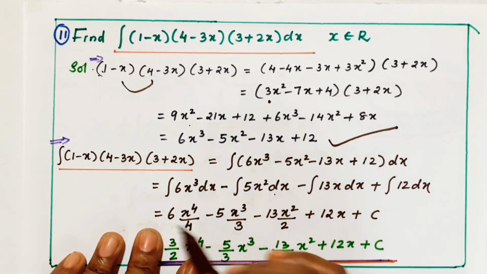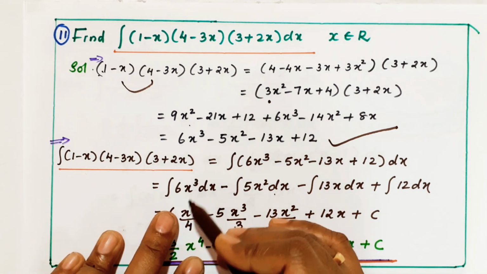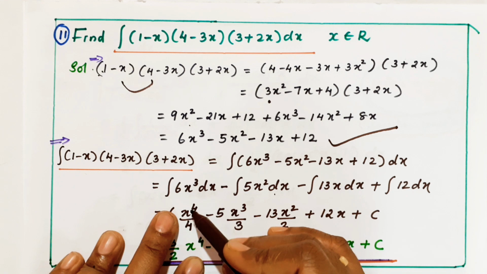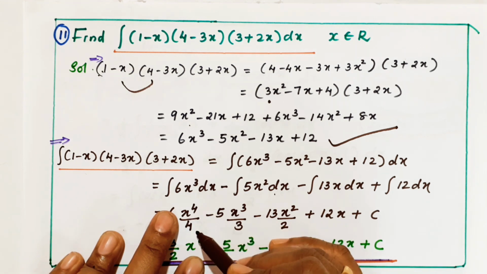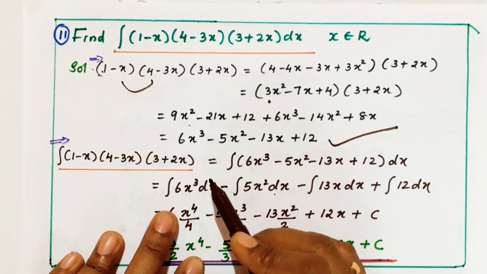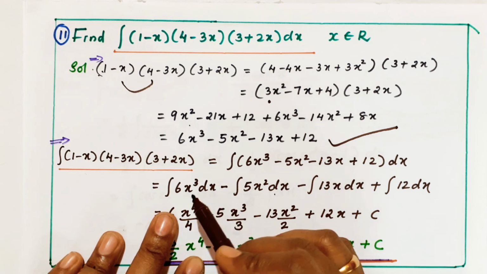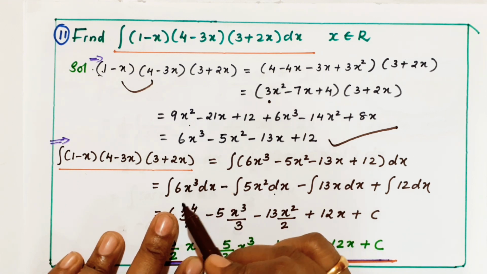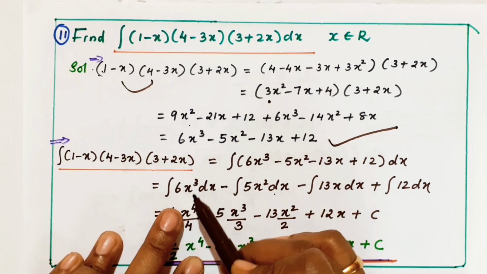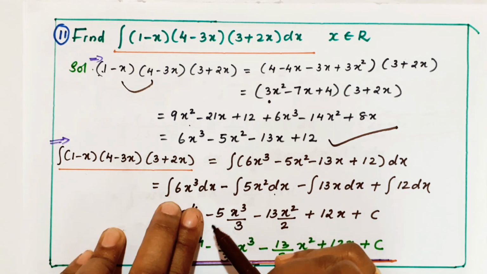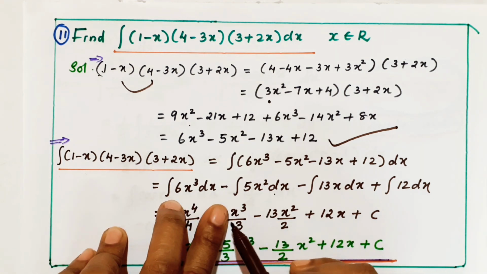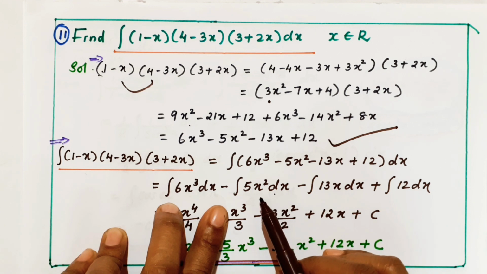Each term integrated, 6 is constant. Integral of x cubed means what will be the term? X power 4 by 4, because x power n plus 1 by n plus 1, so 3 plus 1 by 3 plus 1. So the answer will come as 6 into x power 4 by 4. Second term, minus 5 is constant. What is x square integral?